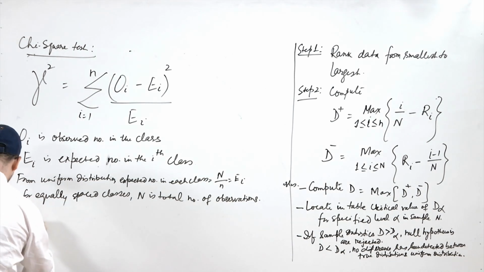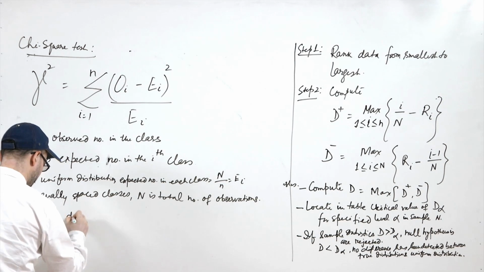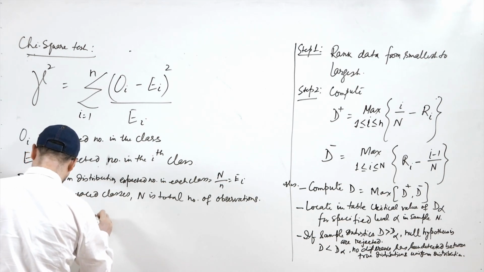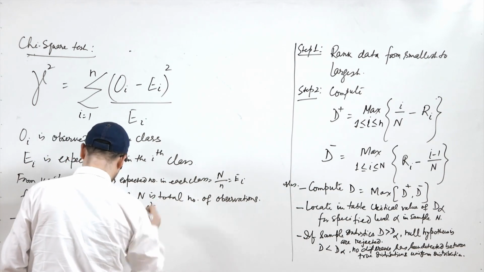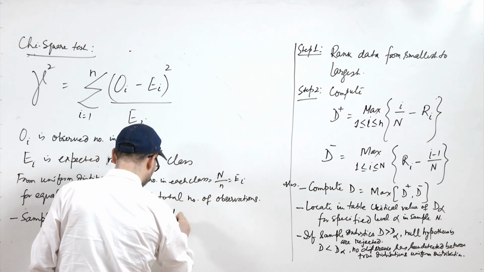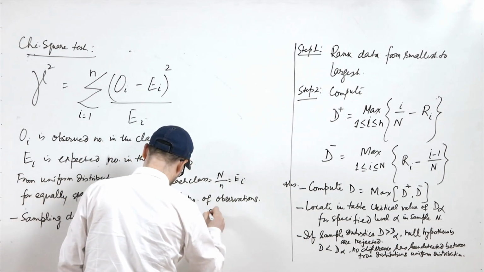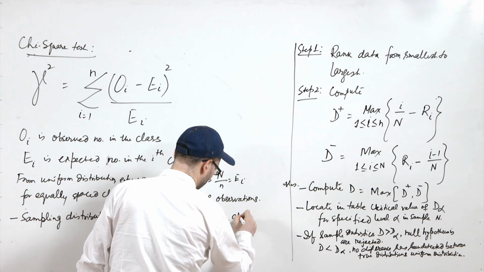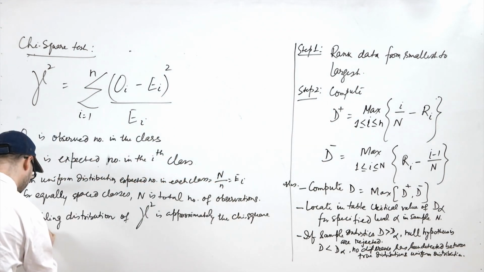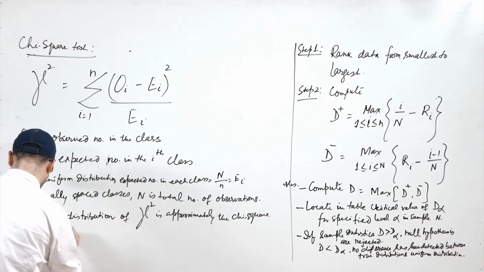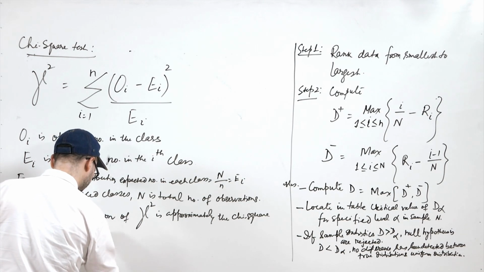The sampling distribution of chi-square is approximately the chi-square distribution with n minus 1 degrees of freedom.